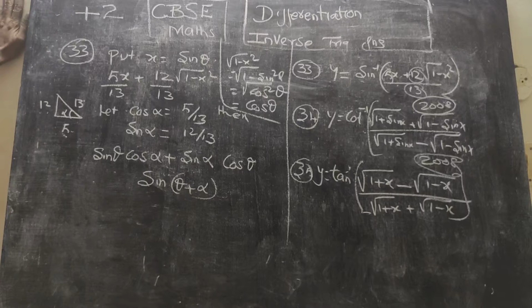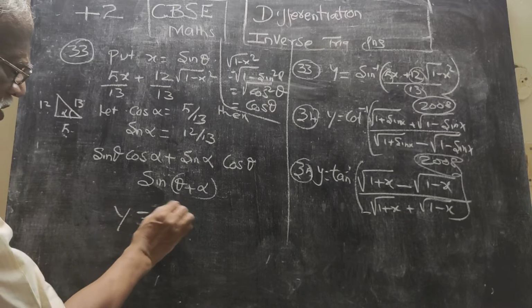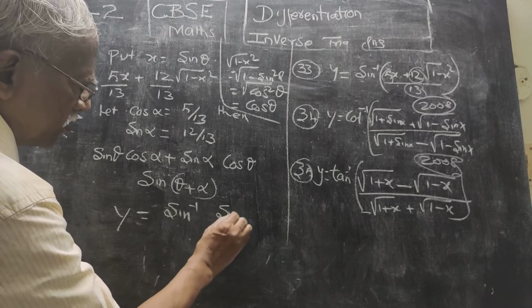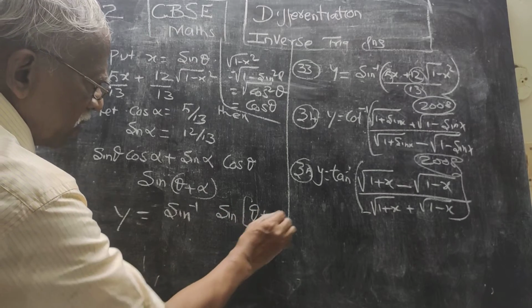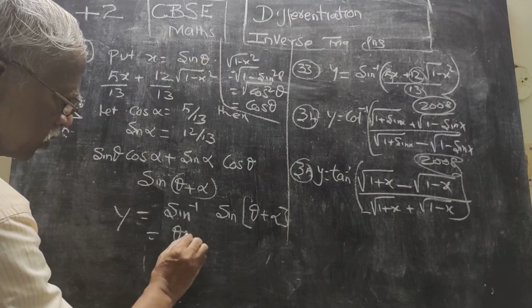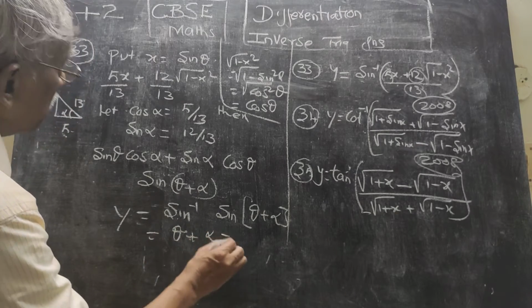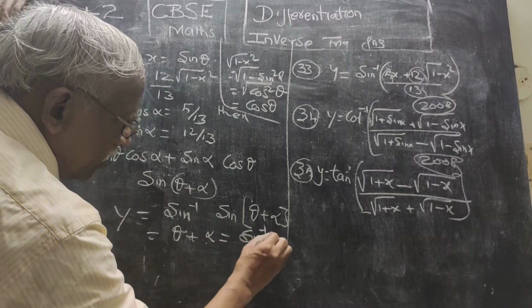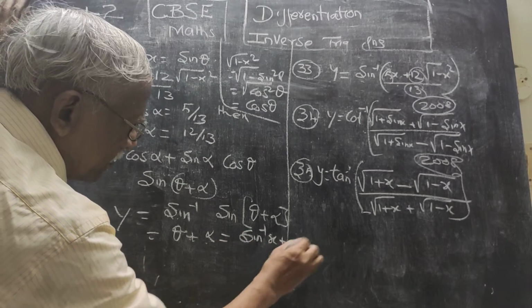Now I am going to the problem. So y is equal to sin inverse of sin of theta plus alpha. Sin inverse sin get cancelled, so it is theta plus alpha. But what is theta? Sin inverse x. Alpha is a constant.